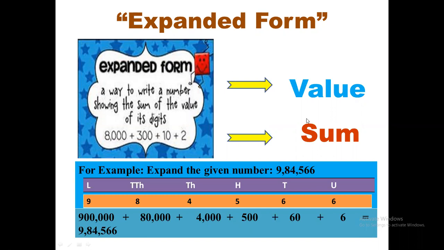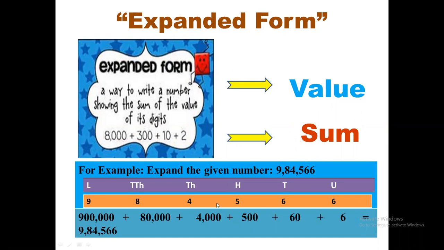That means I have taken two vocabulary words out of this definition: value, you have already understood the meaning of the value of the given number, and sum means plus, that means to add.